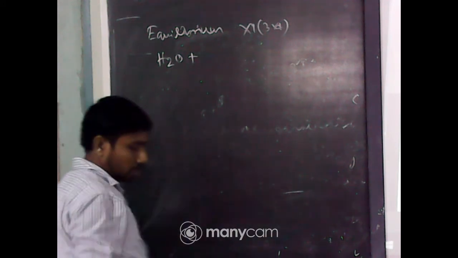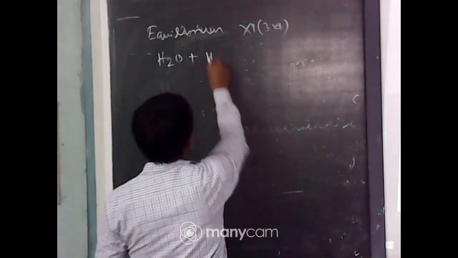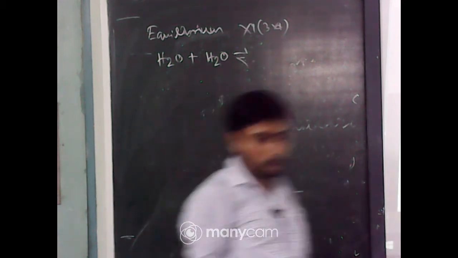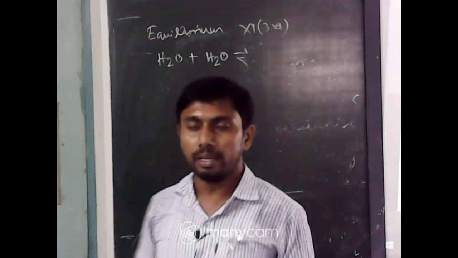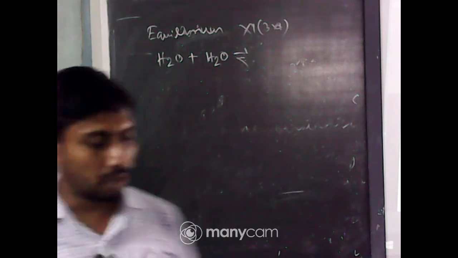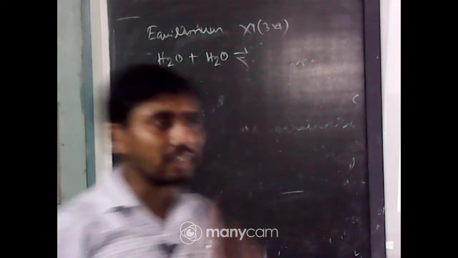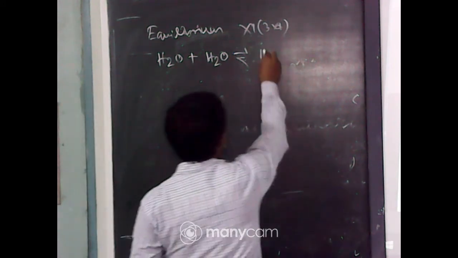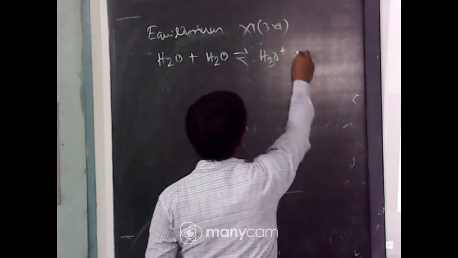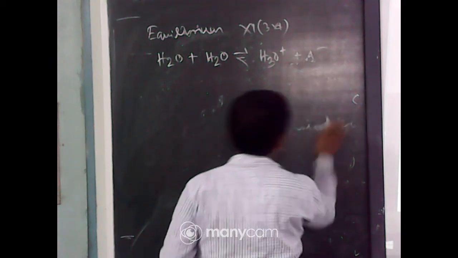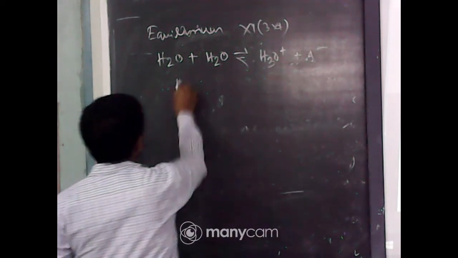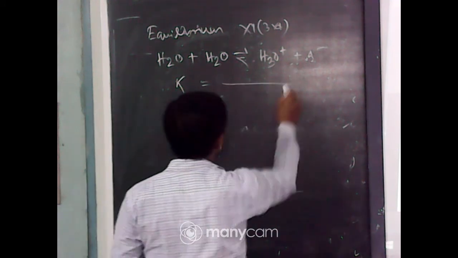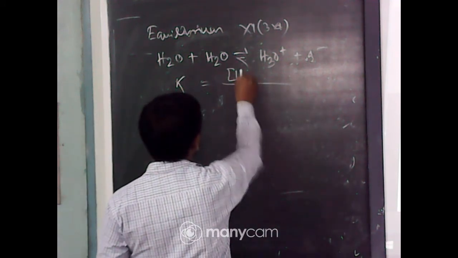H2O is a weak electrolyte. So, H2O dissociates as one of its molecules acts as an acid, that is it releases the proton, and another molecule takes up this proton, forming H3O plus and OH minus. Right. Now, for this reaction we can express it by using the dissociation constant or equilibrium equation.